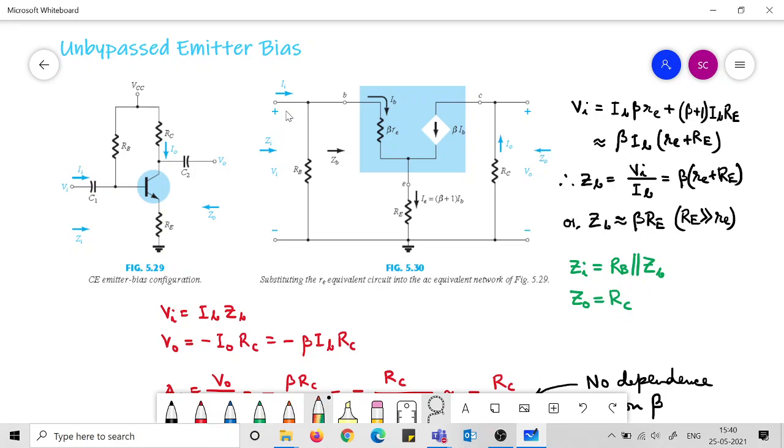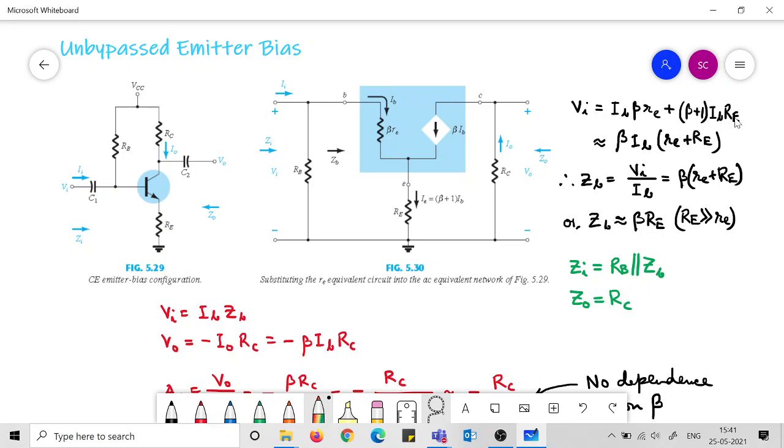Vi is, if you note from this branch, we don't know the current in this RB, so we don't go in this branch. We go in this branch where we have familiar currents IB and IE, and IE is nothing but beta plus 1 times IB. So in terms of IB we can represent this voltage Vi. Vi is IB times beta re plus this drop, which is (beta plus 1) IB times capital RE.